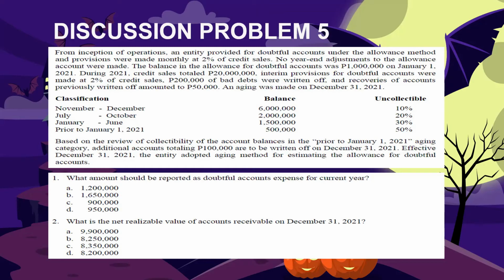Initially, at the start of the operation, the method they used to estimate allowance is percentage of credit sales, that's 2% of credit sales. But towards the end of December of 2021, they opted to use the aging method. So that's what we need to find out.